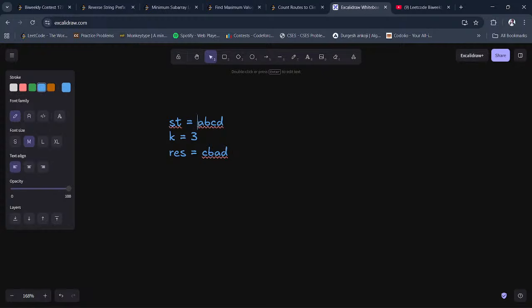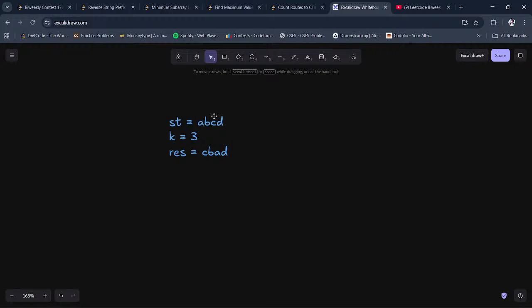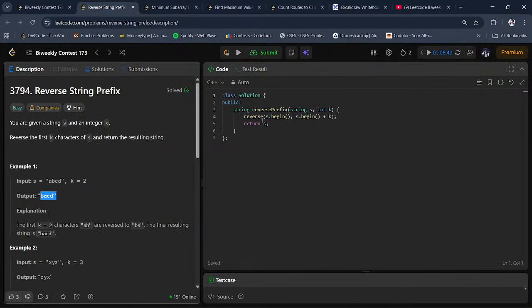If you don't know how to reverse, you can use two pointers and swap those indices. Or in C++, you have a reverse option for a substring.